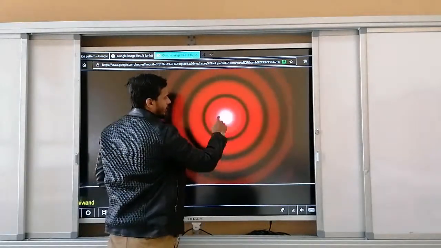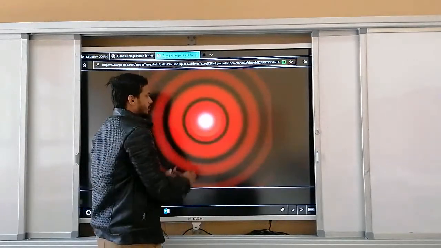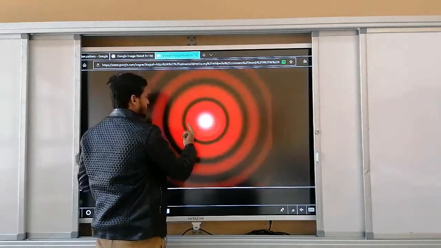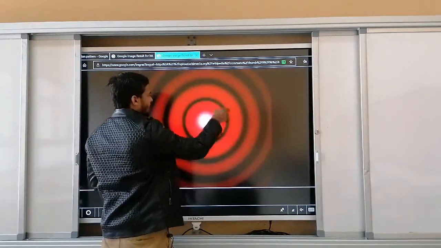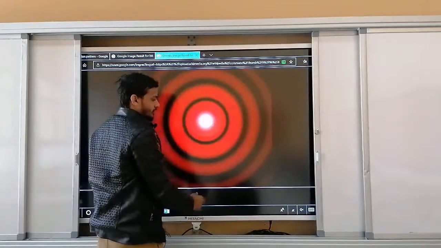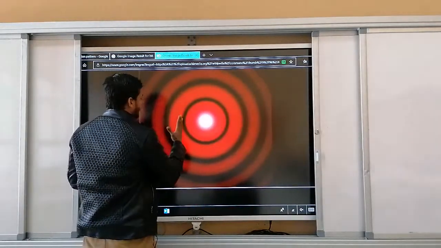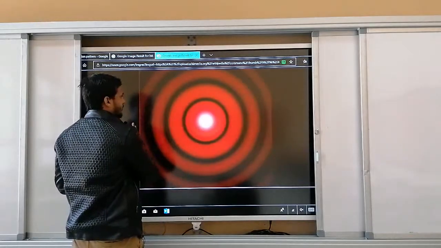In the center you will have the maximum, the brightest point. After that you will have a dark ring, then a bright ring, then a dark ring, then a bright ring. What is interesting here is that the intensity goes on decreasing.